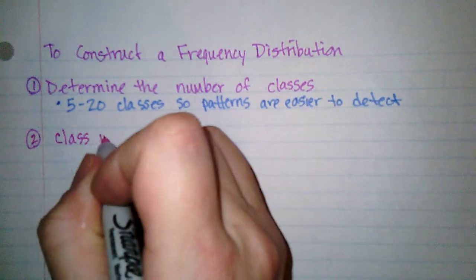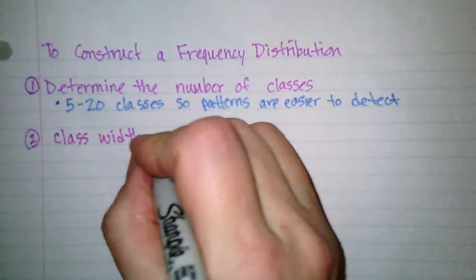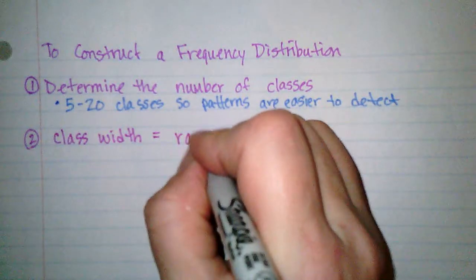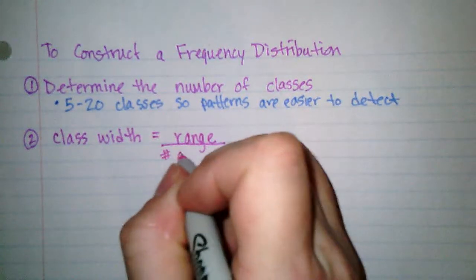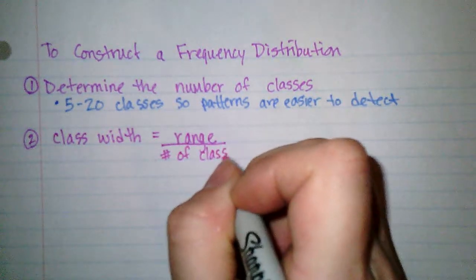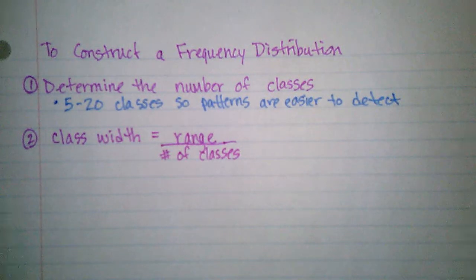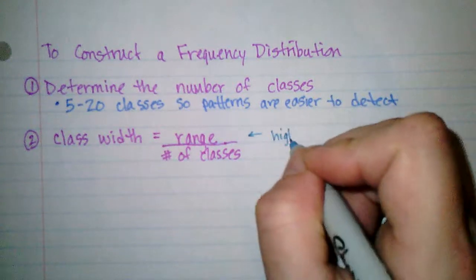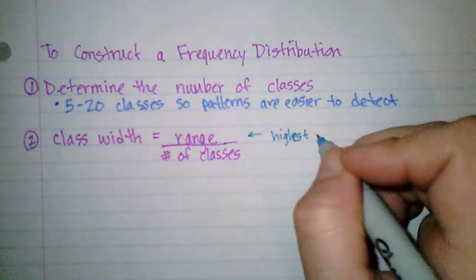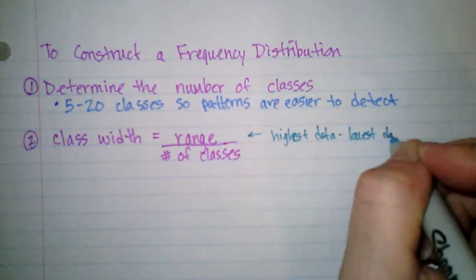The next thing you're going to do is figure out the class width. The class width is found by taking the range of the data and dividing it by the number of classes. Range is not something we have talked about so far, but you probably remember that the range is the highest data value minus the lowest data value.